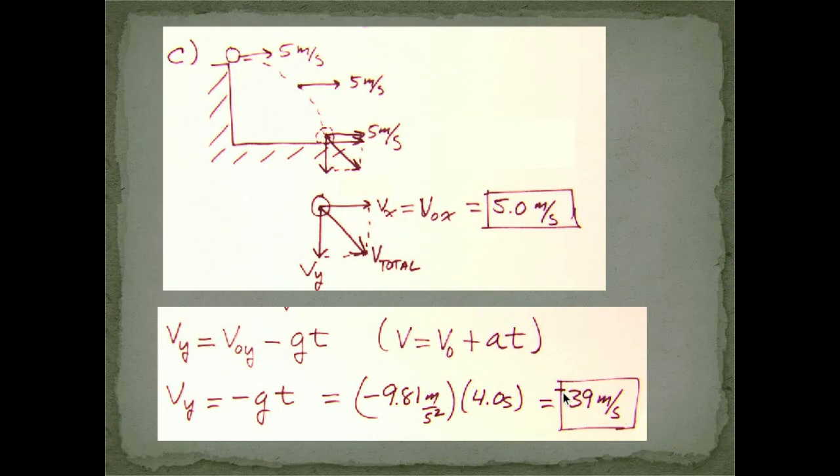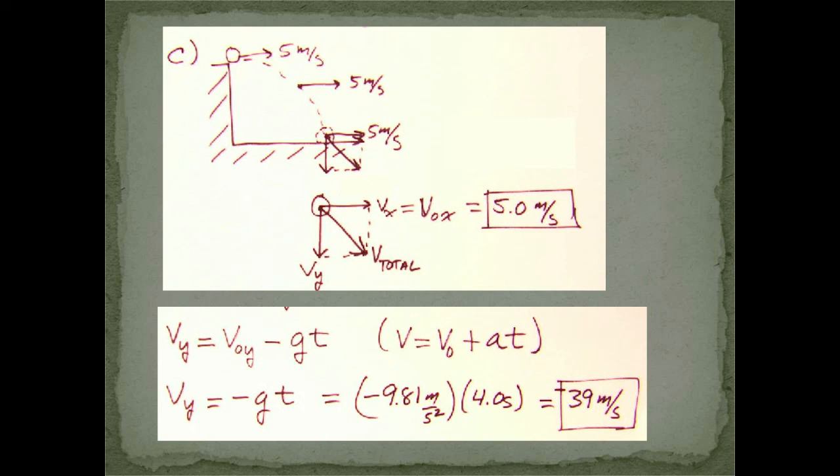The speed, its direction is negative because it's downward. So we got 5 here, and we have 39 here. How would we find V total? Again, we could use the Pythagorean theorem. We'd square the 5, we'd square the 39, we'd add them and take the square root, and then we'd get V total.